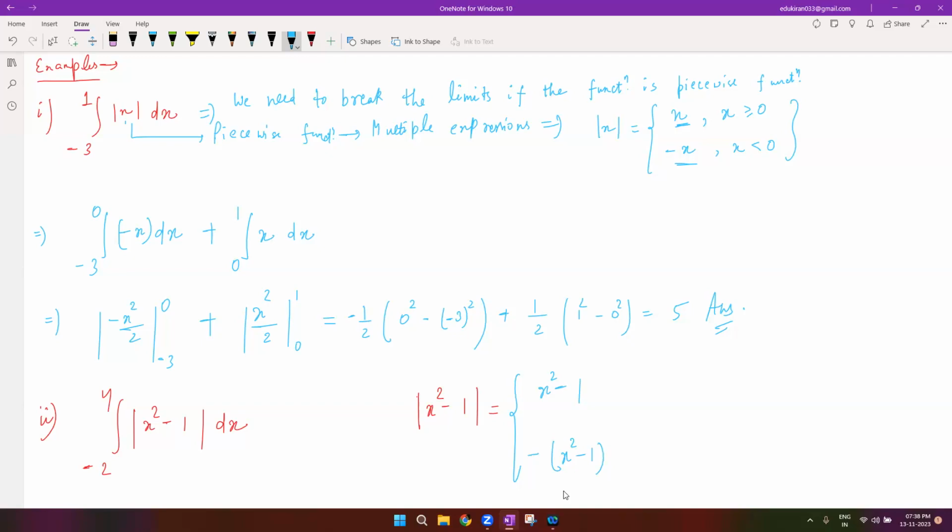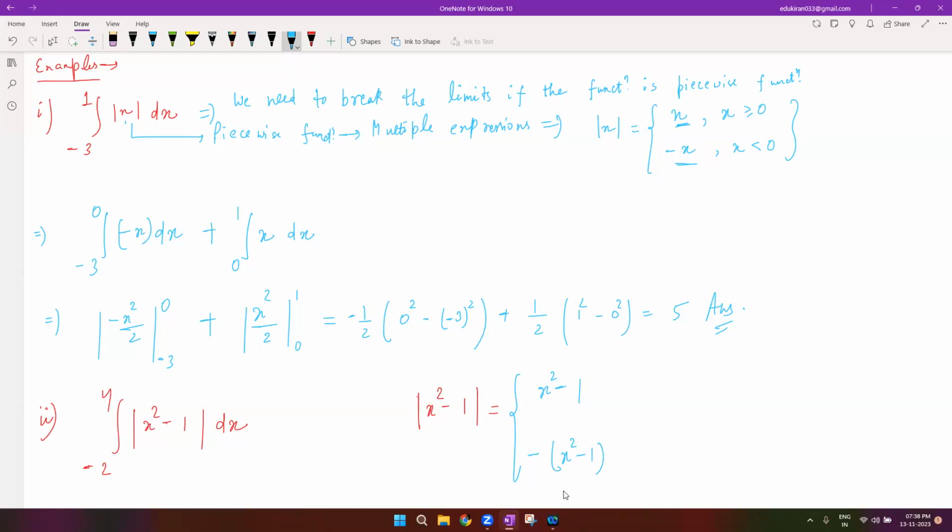We already discussed this function, but I am very sure that you haven't practiced enough, so you won't be able to remember this. But let's try again. Whenever I solve a modulus, it always has two expressions.